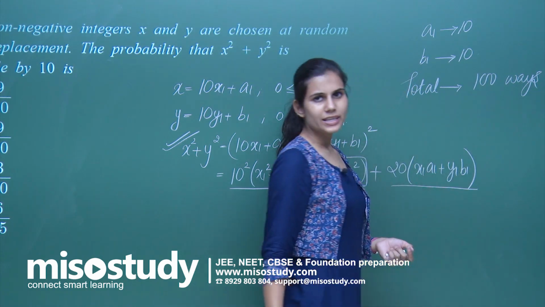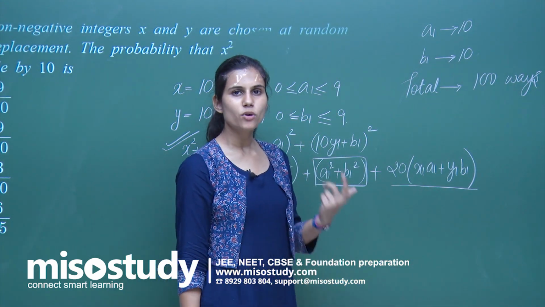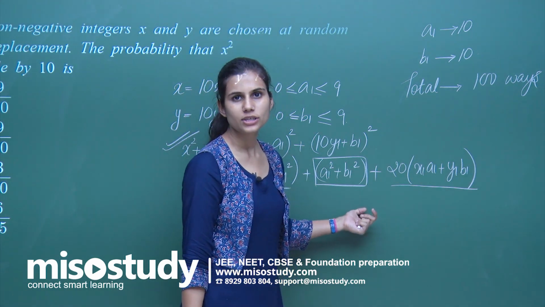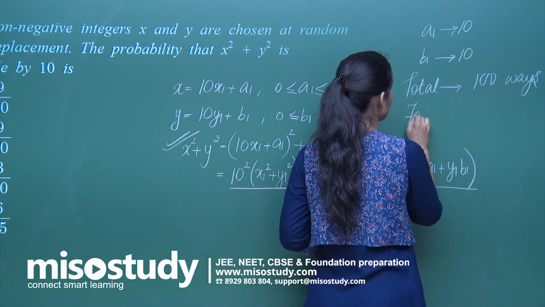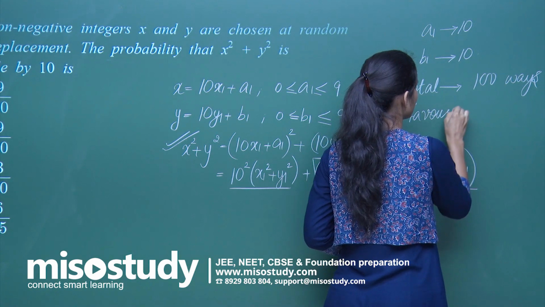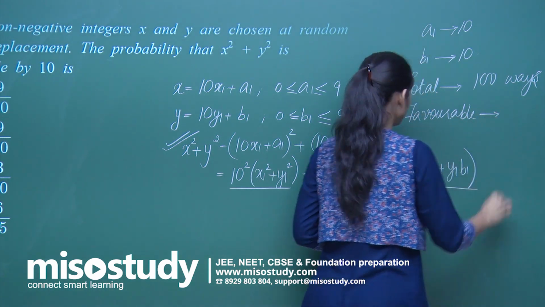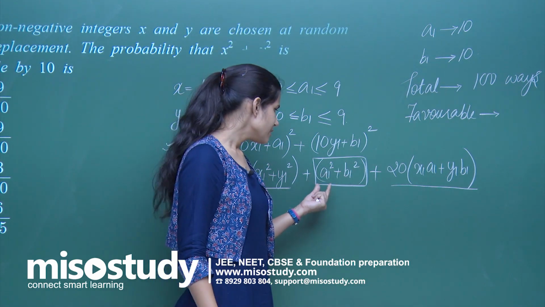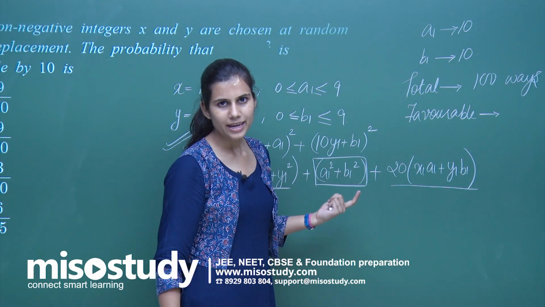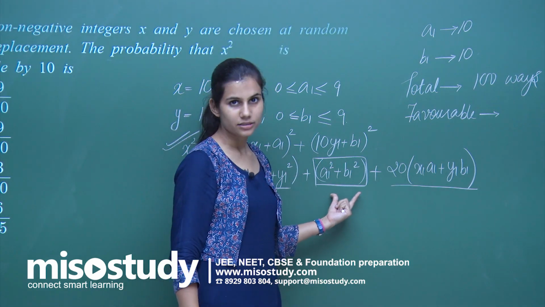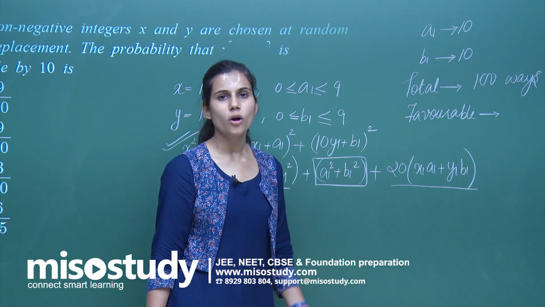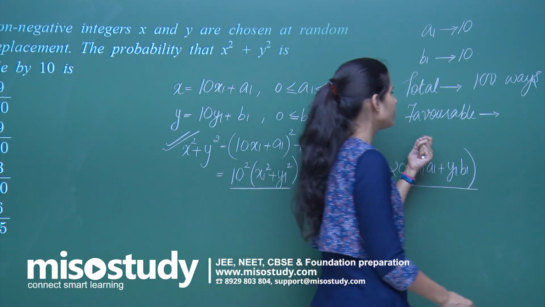Out of those 100 ways, what are the possible values of a1 and b1 for which a1 square plus b1 square is actually divisible by 10? Those are my favorable ones. See, a1 can take values from 0 to 9, b1 can take values from 0 to 9. So a1 square plus b1 square can be formed in 100 ways. Out of those 100, which are the favorable?